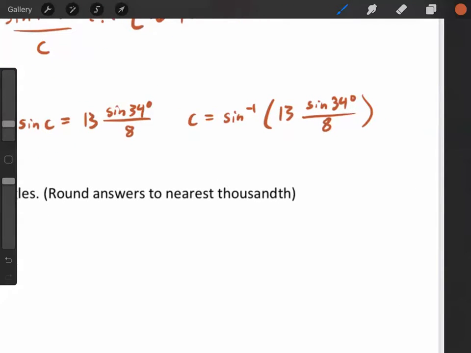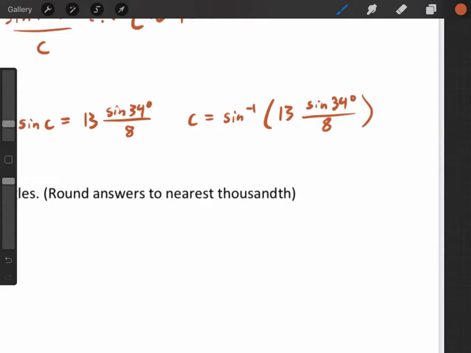If you find the sine inverse and it gives you 190 degrees, for example, you can just eliminate that possibility, because triangles have to have 180 degrees.